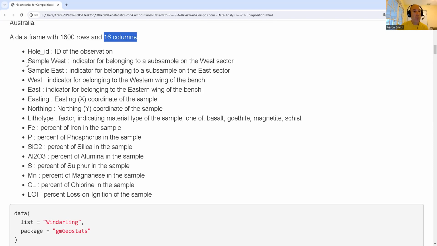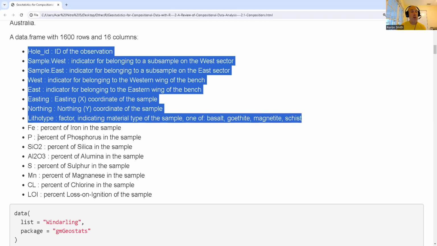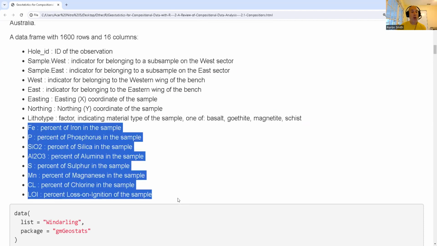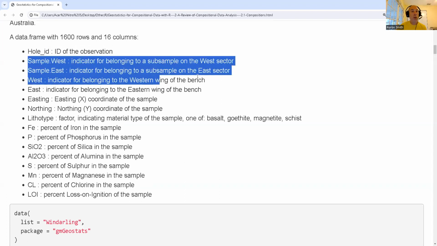These describe where we are and what's going on. These columns are our actual composition, and it's important to be mindful of that. Here's the information we're really trying to get at, and here's the ID variable, coordinates, and so on.